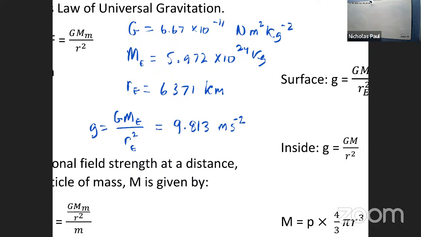All right, nice. So that's the way you find gravitational field strength, right? Everybody get it now, Sylvester? Yeah.